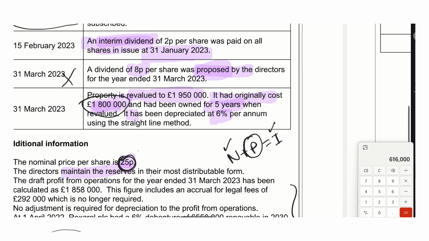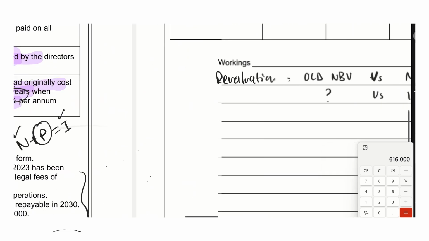But they're giving you a fairly straightforward depreciation method of 6% times the cost, and they've owned it for 5 years. So you have to work out in 5 years how much the property has depreciated by. So let's work that out.